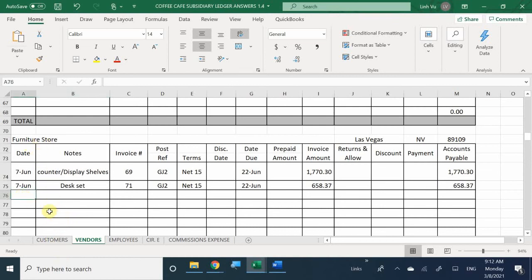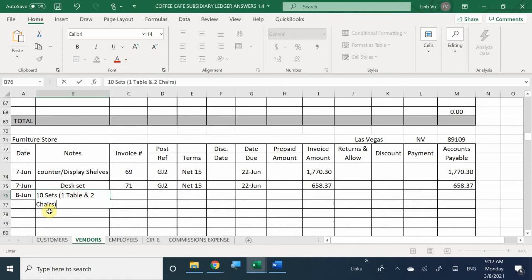So again, we are gonna place the date. What did we buy from them? We bought 10 sets, one table, and 2 chairs.